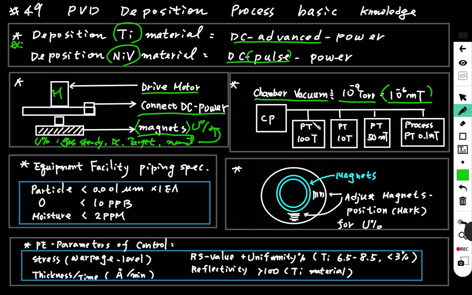So the process chamber connects the pressure transducer with the 100 torr to activate the one stage pump, 10 torr and 50 millitorr to control the two stage pump, meaning the turbo pump, and the start to get ready for the process, and to use the process pressure transducer to measure below 0.1 millitorr.